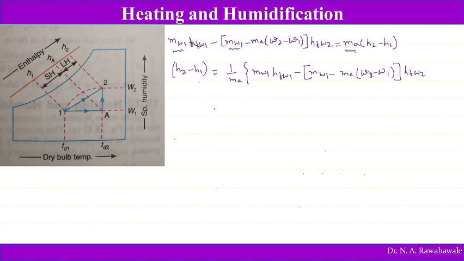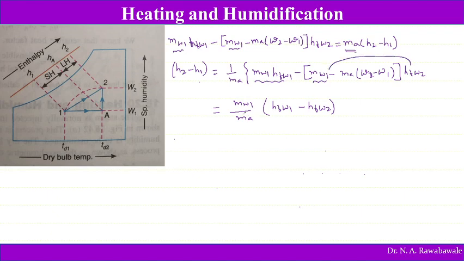This can be further written as MW1 divided by MA, in bracket HFW1 minus HFW2.